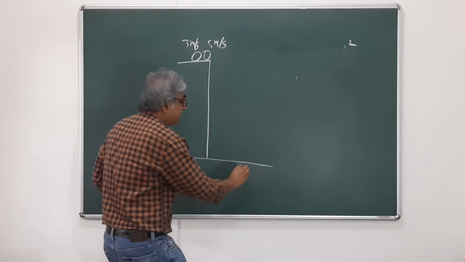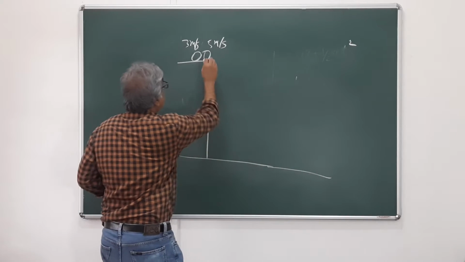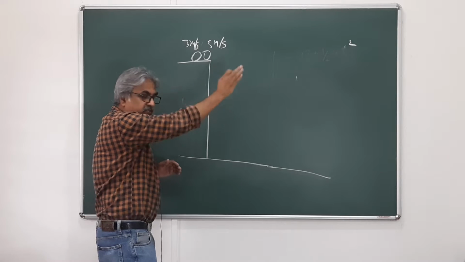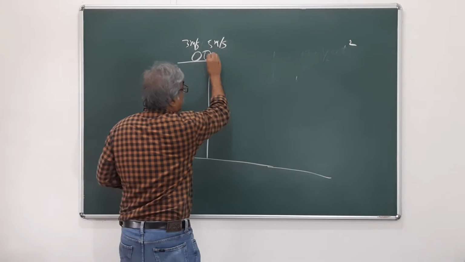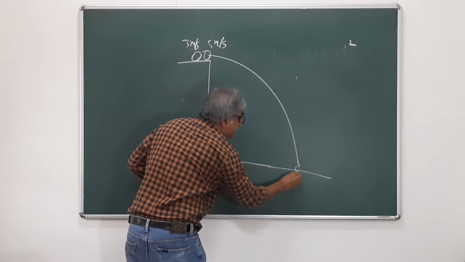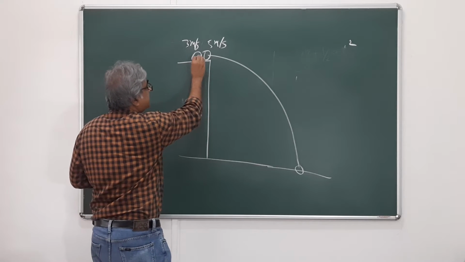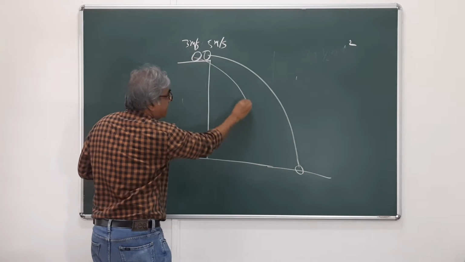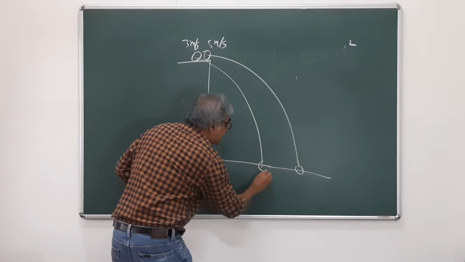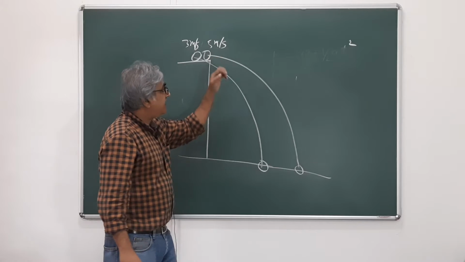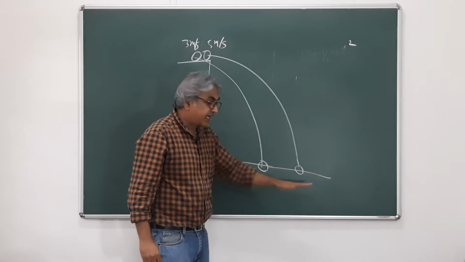The 5 meters per second ball will obviously reach the ground at a certain distance farther away than this ball. This ball follows a certain path and reaches here. So this has 3 meters per second horizontal velocity, this was given 5 meters per second.